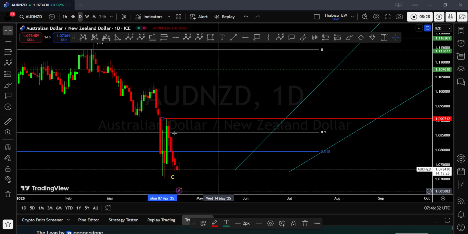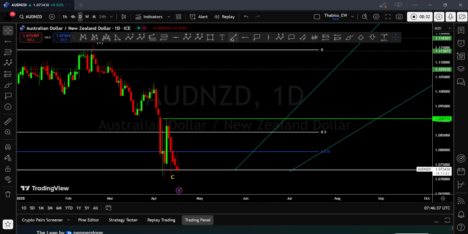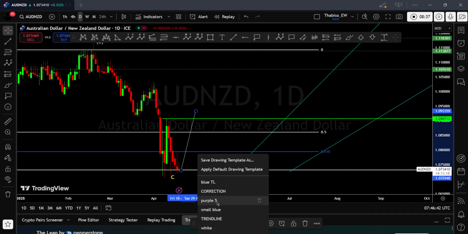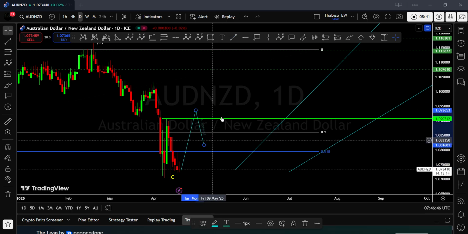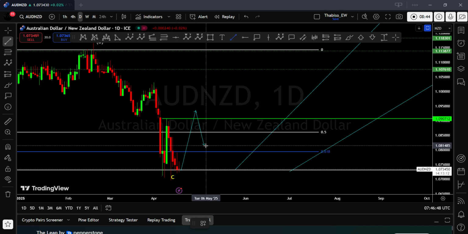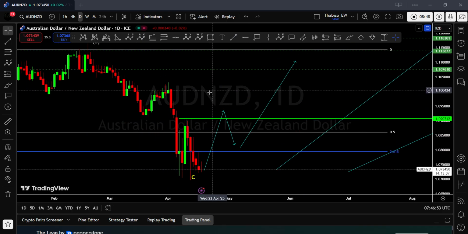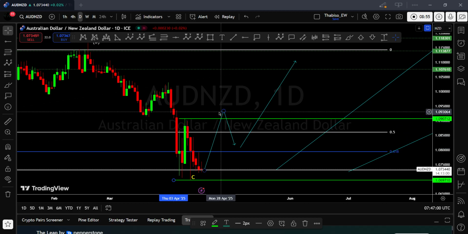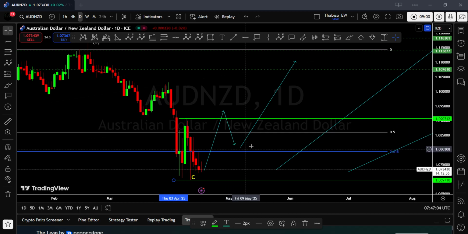If we do see price coming here, breaking this lower high, probably having to correct again, and then that's when we're going to take off. So let's watch. You don't have to enter here. Let's watch what happens. But we're expecting to see price breaking this lower high, and then correcting and going up.